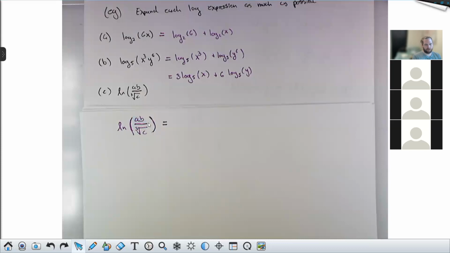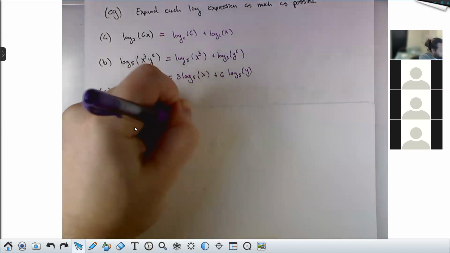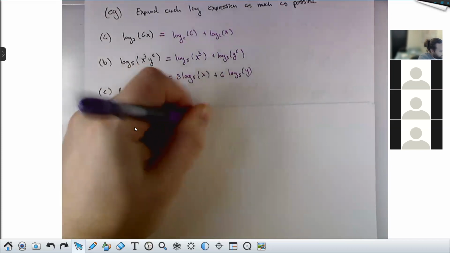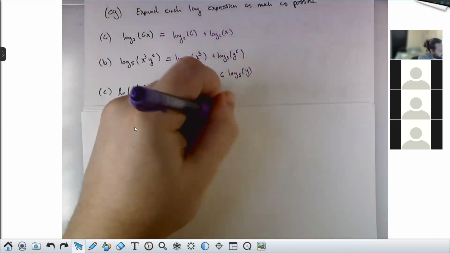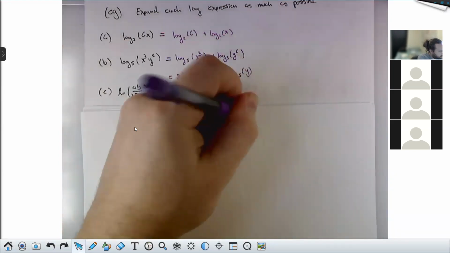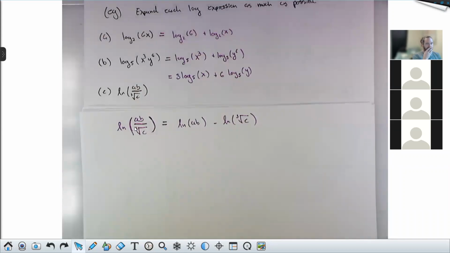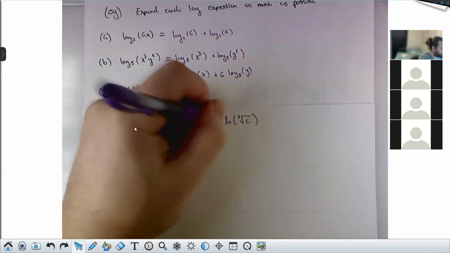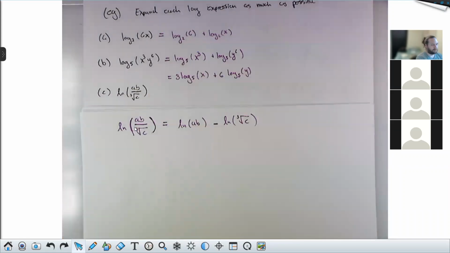The top has some multiplication, the bottom has a power, but the outermost operation appears to be this division. So this would be the natural log of AB minus the natural log of the cube root of c, subtracted. That's that second rule.